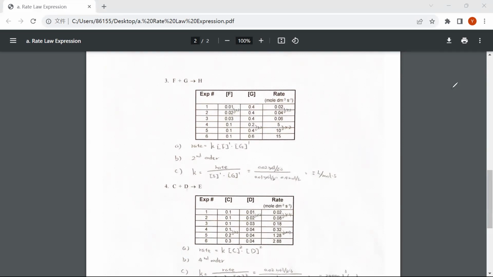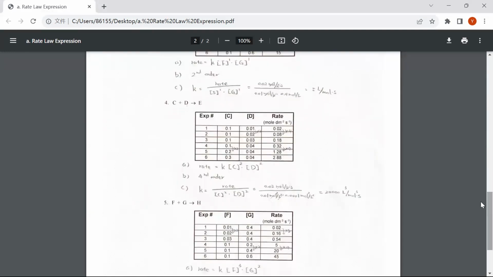And let's move on to the next question. So in question 4, we get a similar idea. We have to find the exponents of C and D. So for the exponent of C, we focus on experiments 4 and 5.